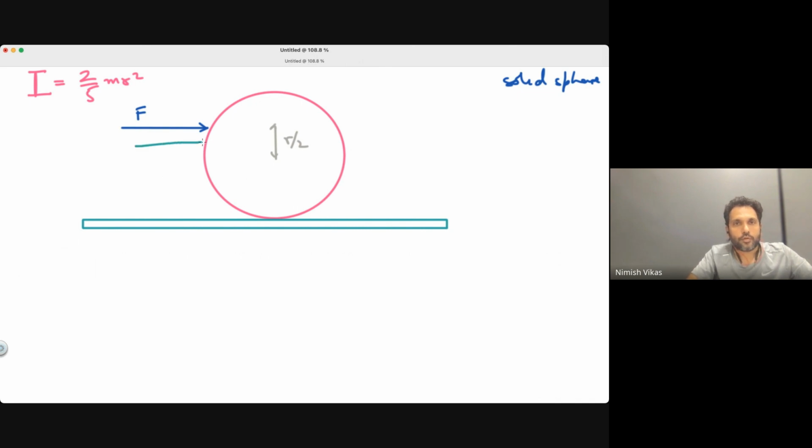If I put the force over here and I say the height of the force is, say, r by 4, does any of your reasoning change? It is going to give a torque and you want a friction to counter the torque. I don't know why you want a friction to counter the torque. That is what I'm not getting.